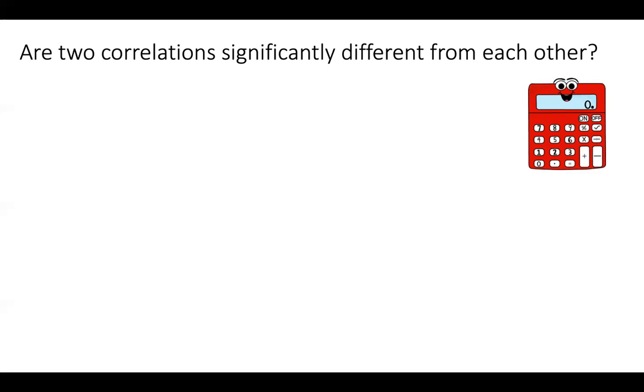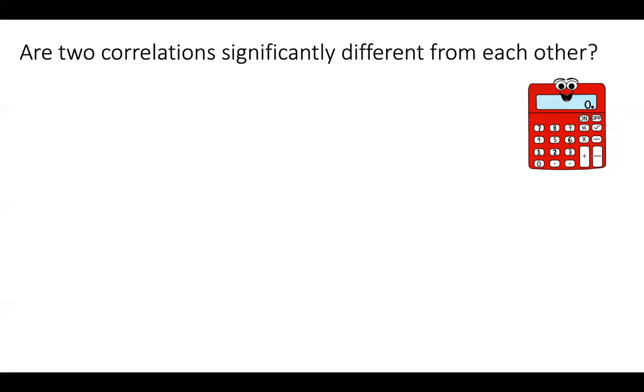Occasionally, and I think that has become better in recent years, but in the past you often saw that people either did not test at all whether these correlation coefficients really differed significantly from each other in terms of their size. They were basically just interpreting the numeric differences. So if they were numerically different, they were interpreting it as a real difference in the underlying population.